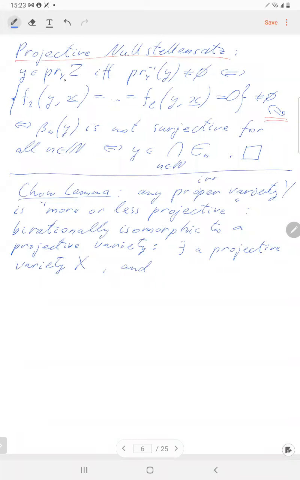So this is irreducible, and this one is also irreducible. And then there are open subsets.